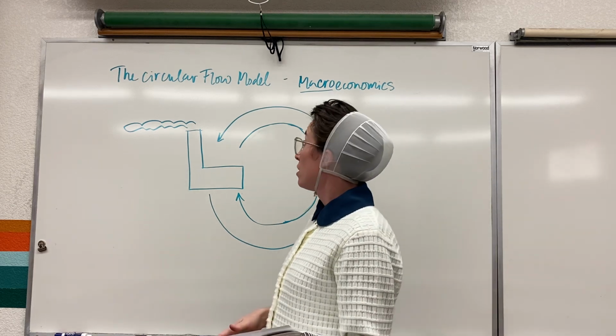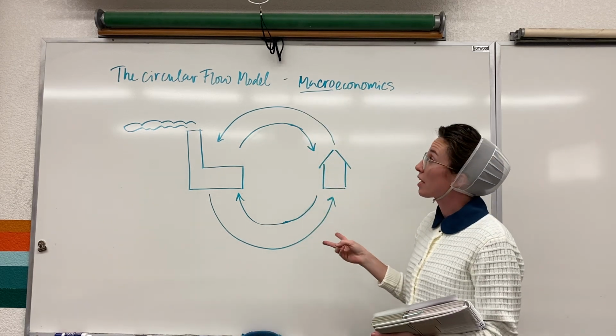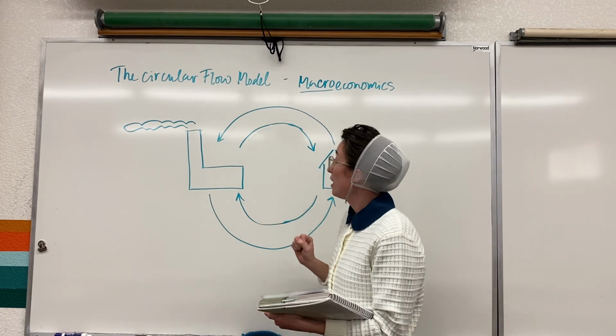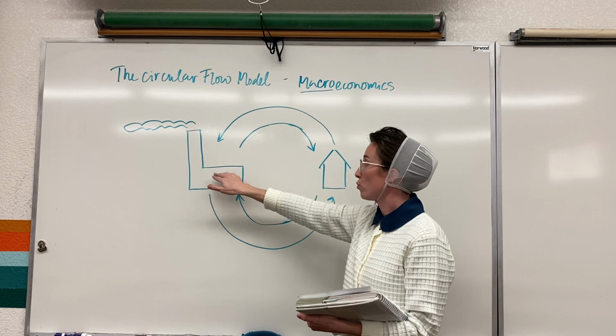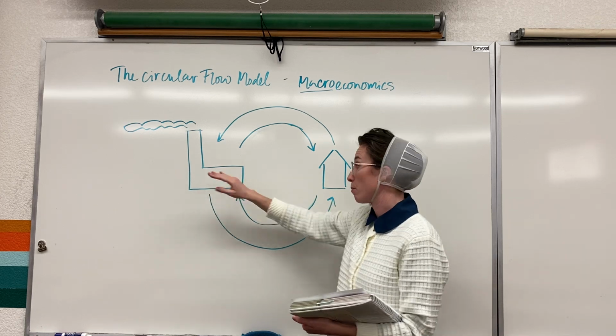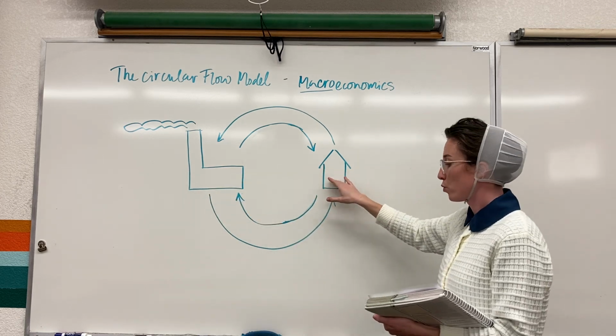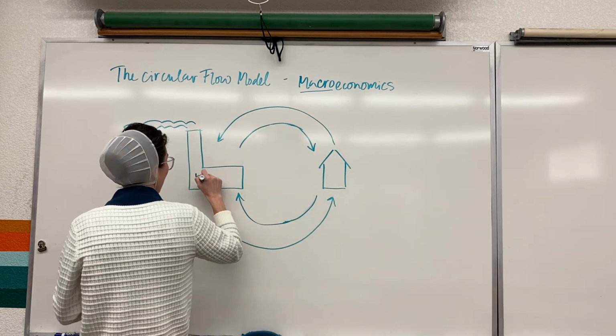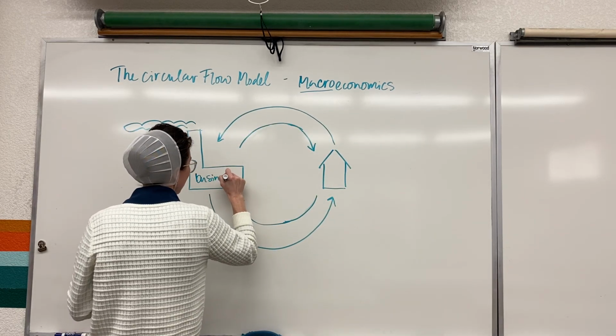All right. The 2 basic elements of the circular flow model are business firms, which we will represent by this symbol, and households, which we'll represent by this symbol. So I'll put these in here.